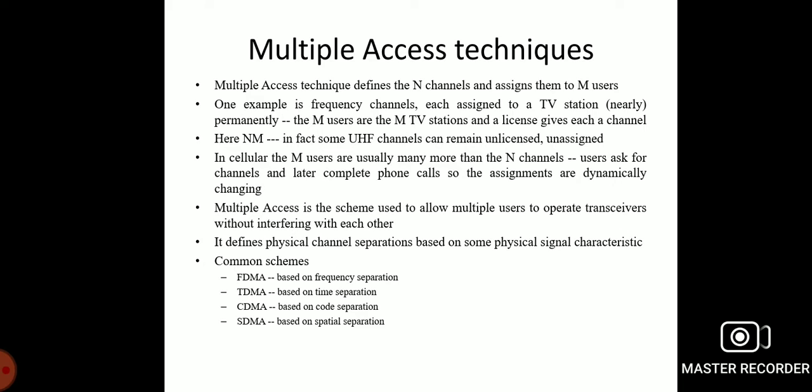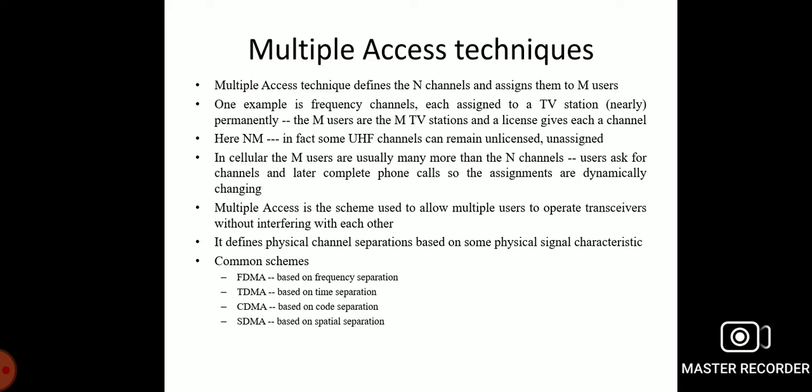Okay, you can understand N channels assigned to M users. For example, frequency channels are each assigned to a TV station nearly permanently. The M users, the M TV stations, and a license gives each channel.